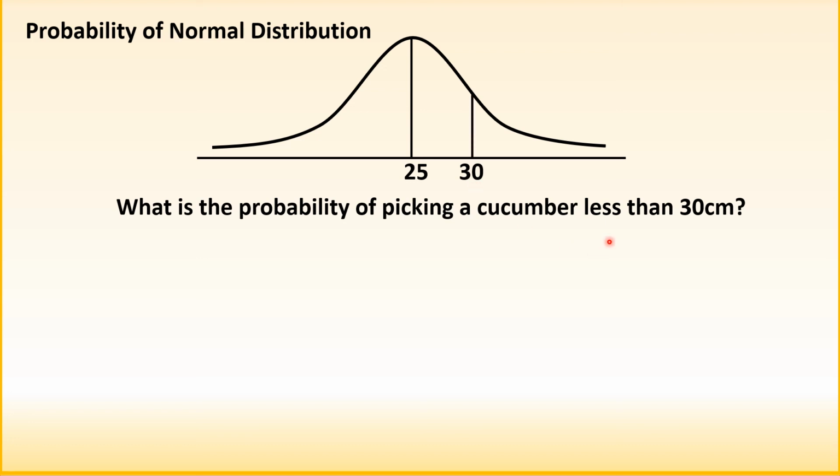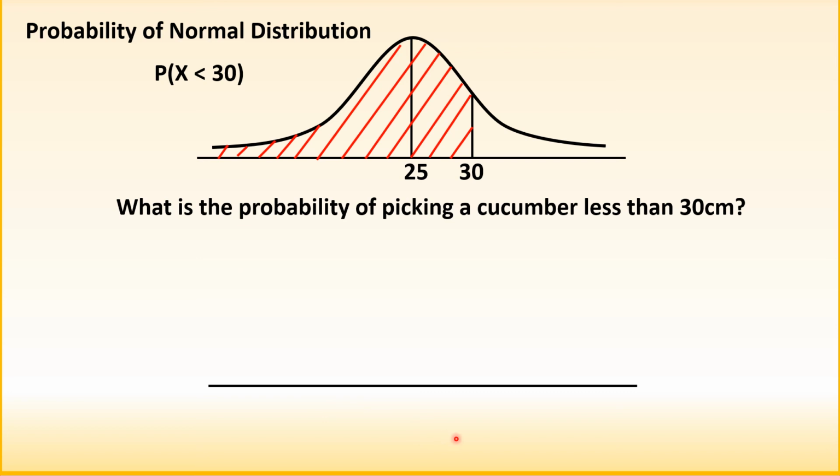Since ang sabi dito sa problem ay less than 30 centimeters, therefore, ang isi-shade natin yung nasa left side. Then, if you're going to write that in mathematical symbol, this is the probability of random variable x is less than 30.